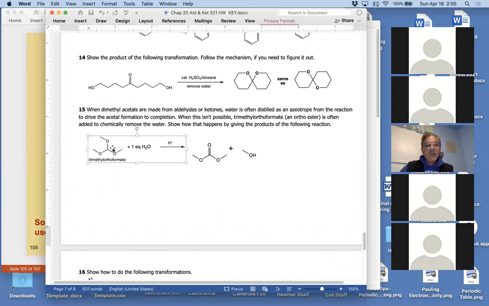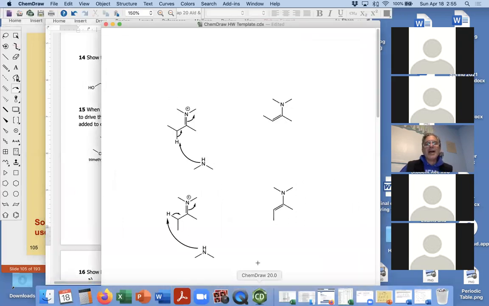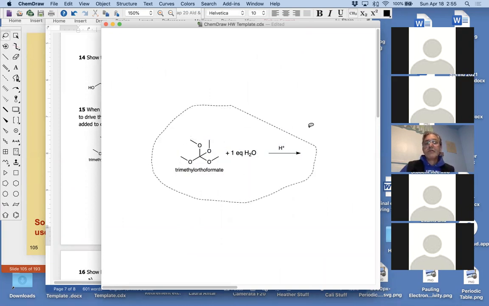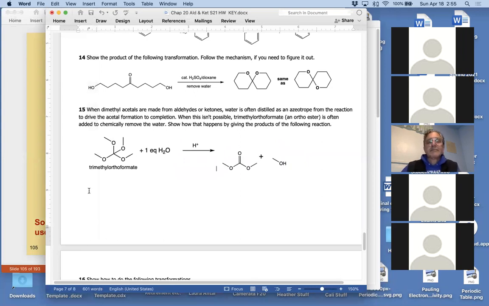I'm feeling good with the mechanism now, but I was a little thrown off. Yeah, I screwed up, my apologies. No, it's okay. But the one equivalent of water is the part I specifically wanted to address, because I was hesitant to do too many moves involving water and hydronium since I felt limited by there being one equivalent of it. So I was trying to limit my mechanism to a certain number of steps. But the more I did it, the more I realized you basically have to hydrolyze it.